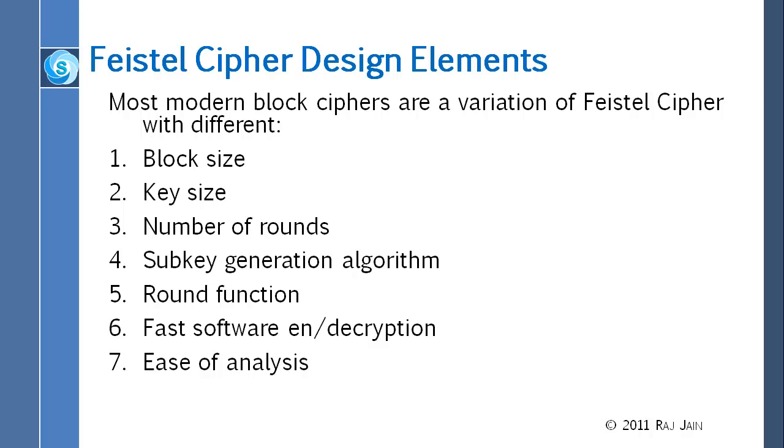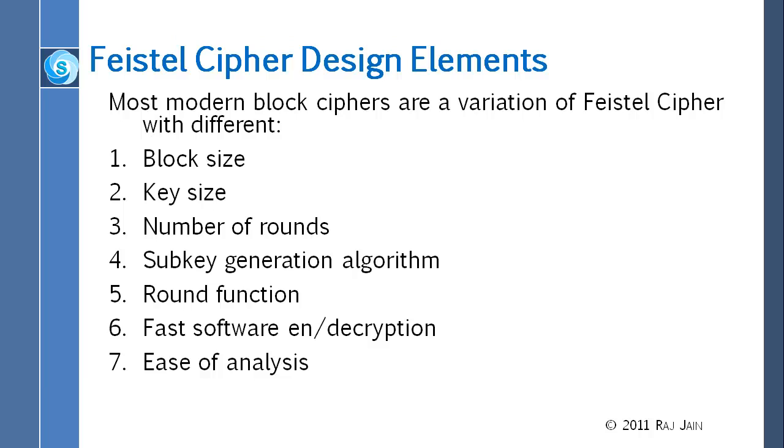You can take 64-bit, or you can take 128-bit, or you can take 512 bits. Second is the key size. You can take 32-bit, 8-bit, 64-bit, 100 or 1024-bit, or 4024 bits, 96 bits, and so on and so forth, right? Key size. Number of rounds. We saw there are 16 rounds. You can have 32 rounds, 48 rounds.